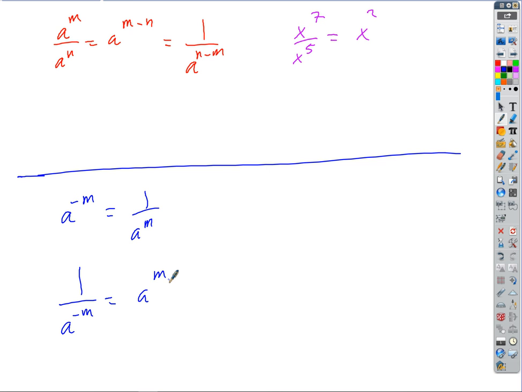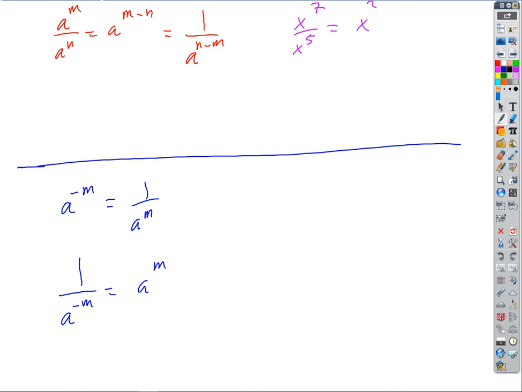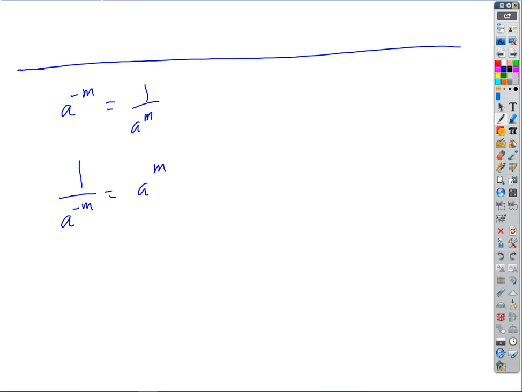A to the m. So the way you think about this then is if you ever have in a fraction, right, there's two parts of a fraction, the numerator and the denominator. If you have a negative exponent in either part of a fraction, all you do is you chase it to the other part and make it positive, right? That's kind of the way you think about negative exponents, all right?